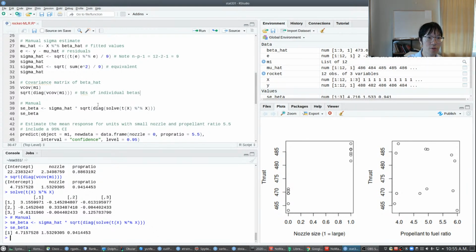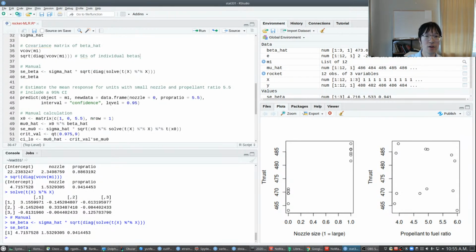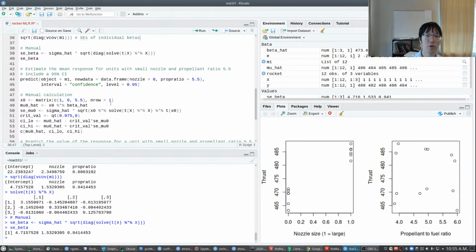The last thing I want to show is prediction. That goes off what we did at the end of last lecture, which is to calculate a confidence interval for the mean response or a prediction interval for an individual response. Okay, so just to illustrate, I'm going to set up this scenario.